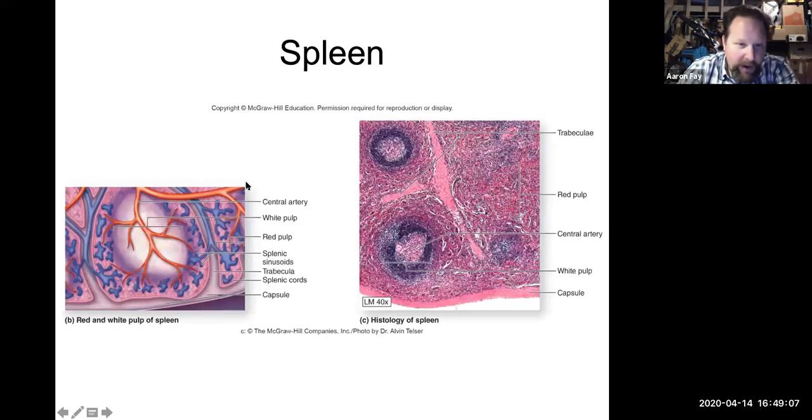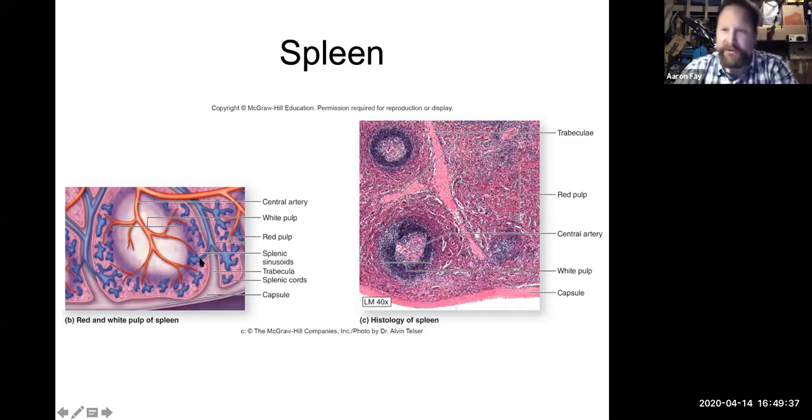Here we have our trabecular artery feeding one region of white pulp. So this is arterial blood coming into the spleen to be cleaned of antigen and pathogens. So the white pulp is filled with white cells, which are cleaning that blood. On the other side, we have the splenic veins, which are draining these nodules, and they're associated with the red pulp. What do you find in red pulp?